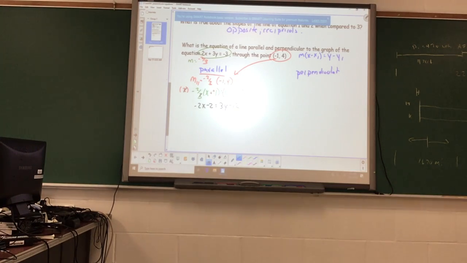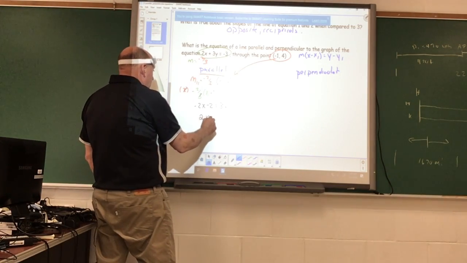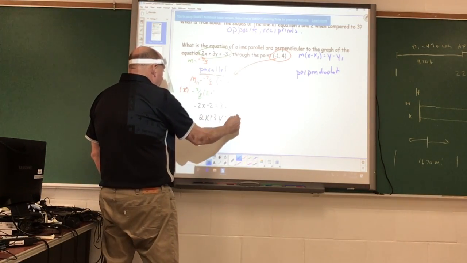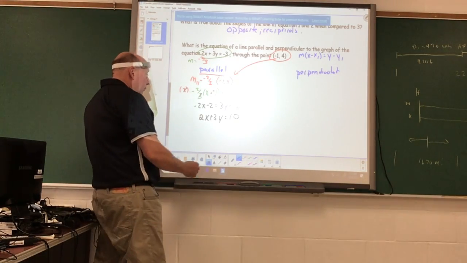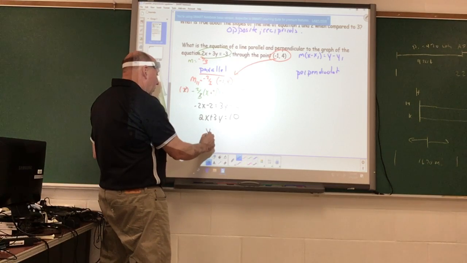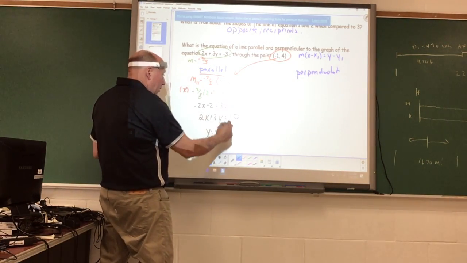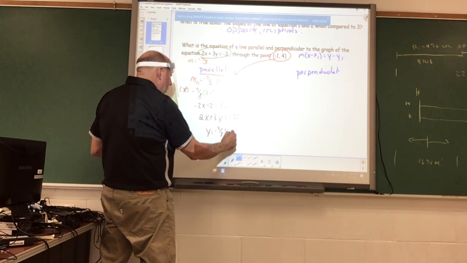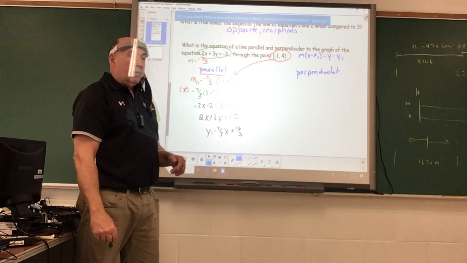Kirsten, what do you get for a solution? 2x plus 3y equals 10. That's correct. And if you change it into y equals mx plus b form, y would equal negative 2/3 x plus 10/3. That would be correct also.